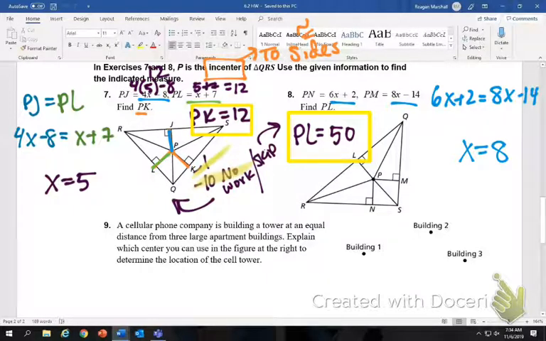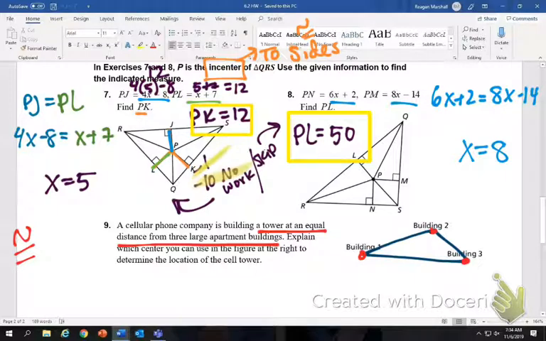Number 9, a cellular phone company is building a tower at an equal distance from 3 large apartment buildings. So if you connected these dots, this is a triangle, this is why this applies. We want our new tower to be equal distance from the 3 apartment buildings. So each of these buildings is the vertex of the triangle. So we want it to be congruent or equal distance to the angle's vertices.